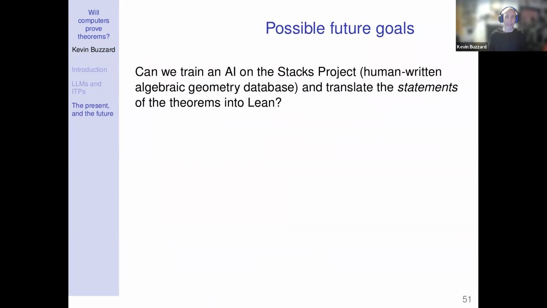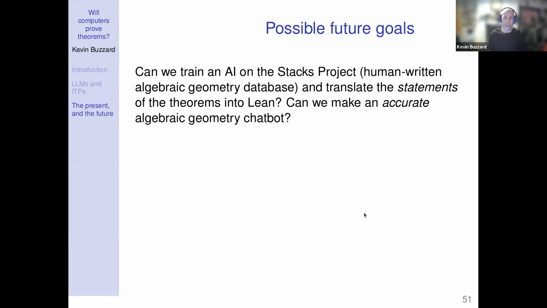So my final slide, just some conjectural future goals. Can we actually train these AIs to learn some algebraic geometry, or give them human-written algebraic geometry and get them to translate the statements into Lean? Can these things translate statements of results in algebraic geometry, or indeed, like it's the last slide, can we train an AI to do algebraic geometry?